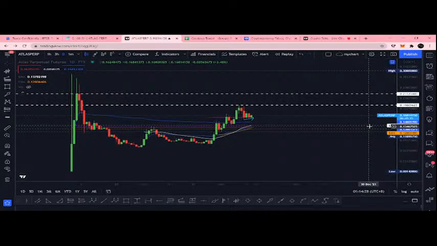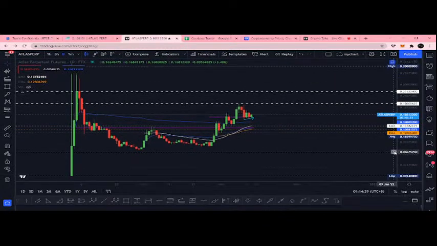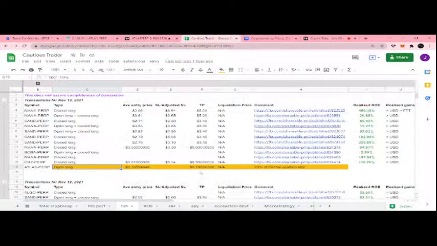This is the daily time frame. So I already have a long position that I opened at 16 cents.